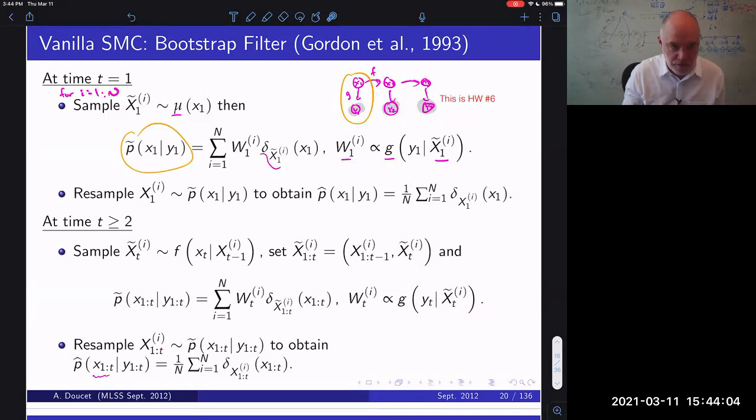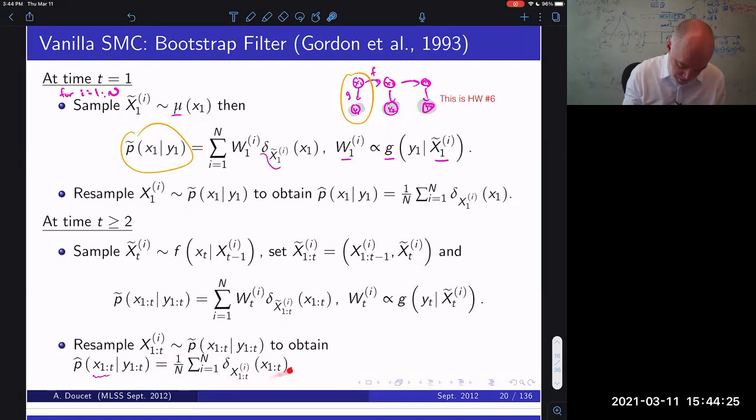Then we resample using multinomial or whatever samples to obtain an unweighted final approximation to the posterior distribution of all the x's up to a particular time, given all the y's up to that time.